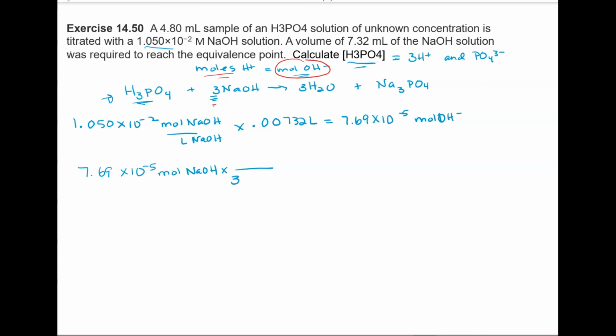And it takes 3 moles of NaOH to react with 1 mole of phosphoric acid. This 3 came from my stoichiometric coefficient.